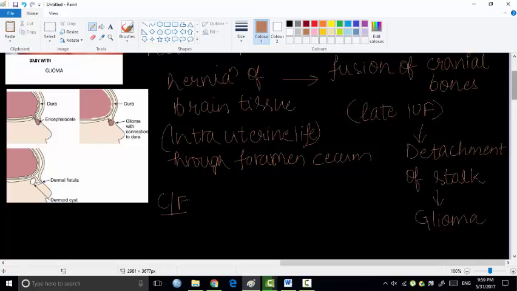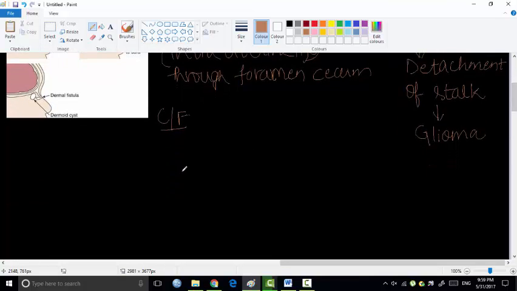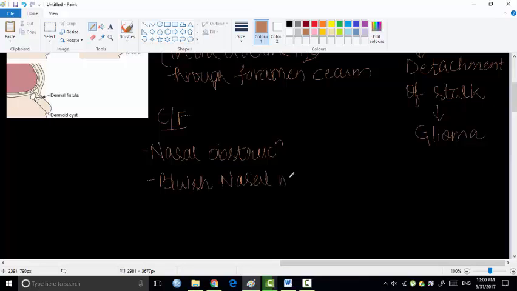So what are the clinical features? The major clinical features here include, first, nasal obstruction, right? Because of this growing mass, there may be nasal obstruction. And just like in encephalocele, even here you can see a bluish nasal mass, and this is non-compressible.